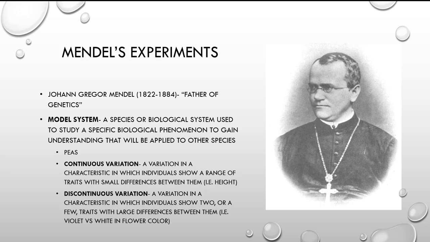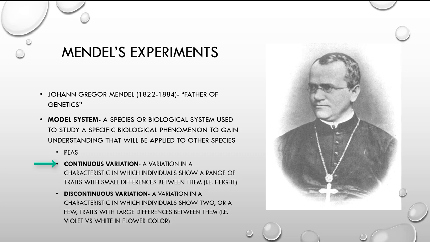So that's two distinct variations. There's no in between, there's no red color or orange color, it's just those two colors. That's a lot easier to work with than, say, continuous variation.